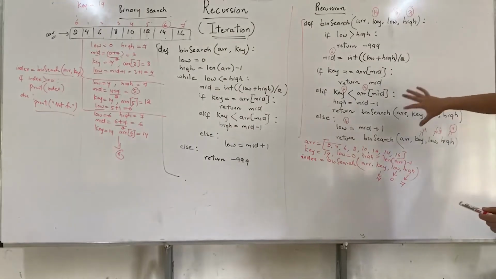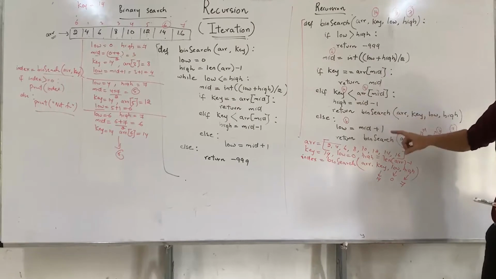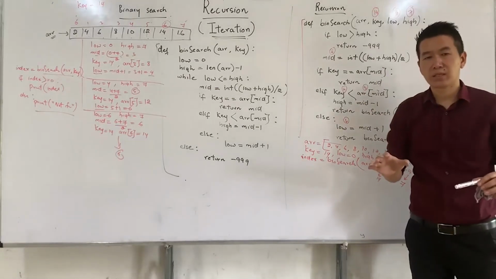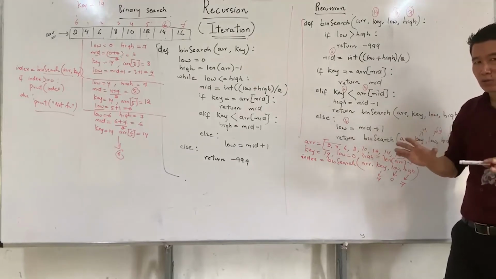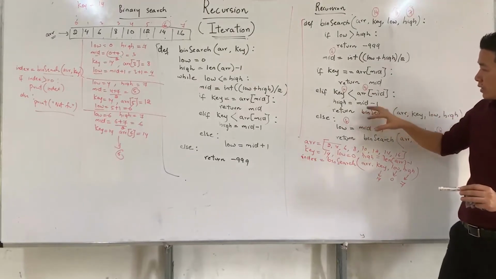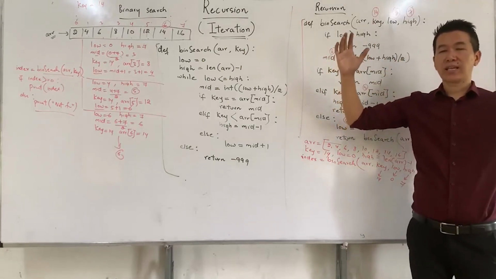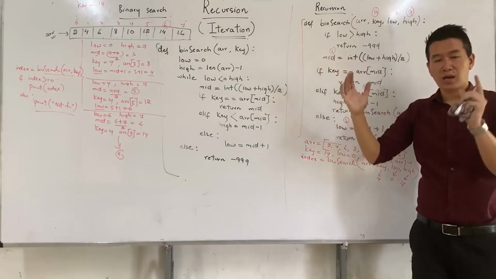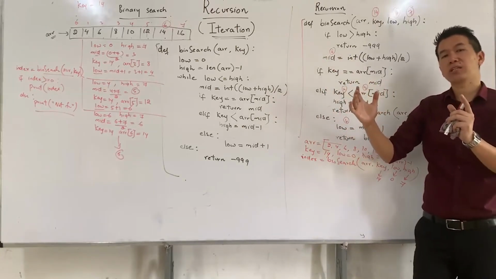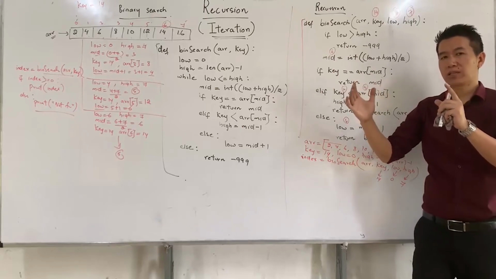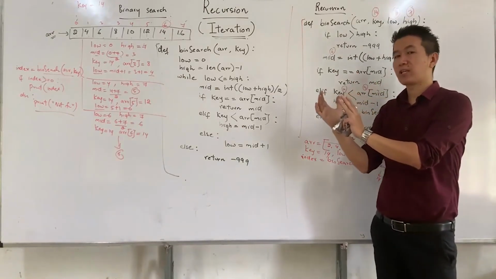So as long as these two return statements are executed, it means the element to be searched for is not yet found. These two return statements will keep breaking that segment into half, and then with another recursive call, this particular segment will again be broken into half the size of the earlier one.